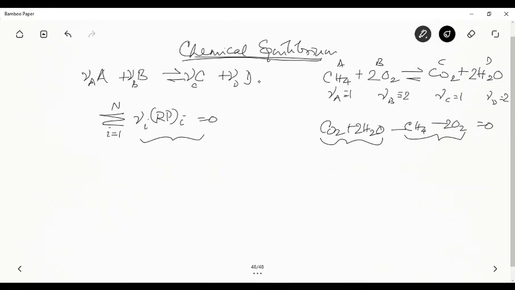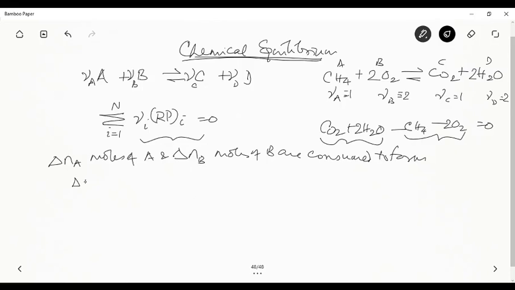Similarly, mu C moles of C and mu D moles of D. So suppose delta NA moles of A and delta NB moles of B are consumed to form delta NC moles of C and delta ND moles of D.